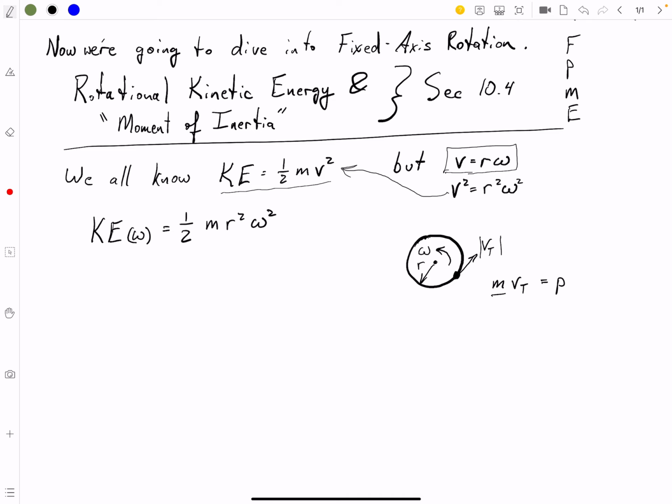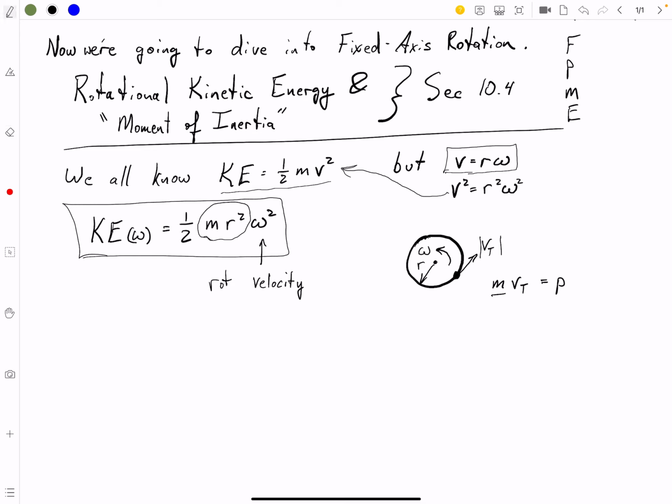All right. So rotationally, however, we're going to write the same equation like this. And if we notice, this bit right here, that's our rotational velocity. And then that leaves this here. What is that thing?